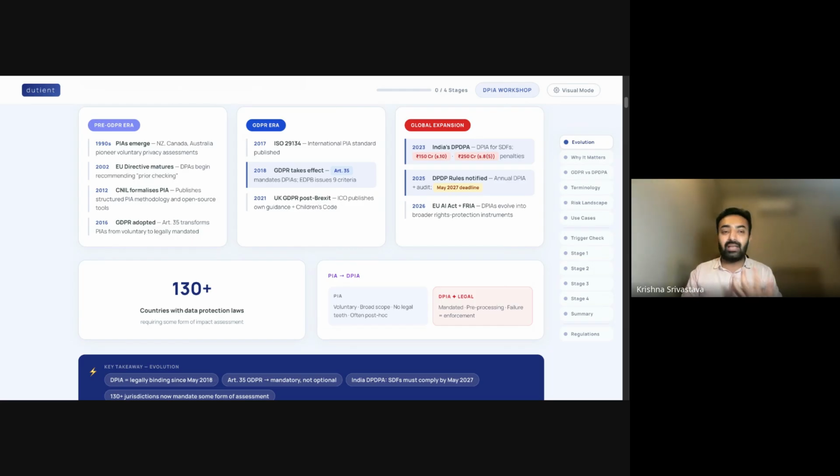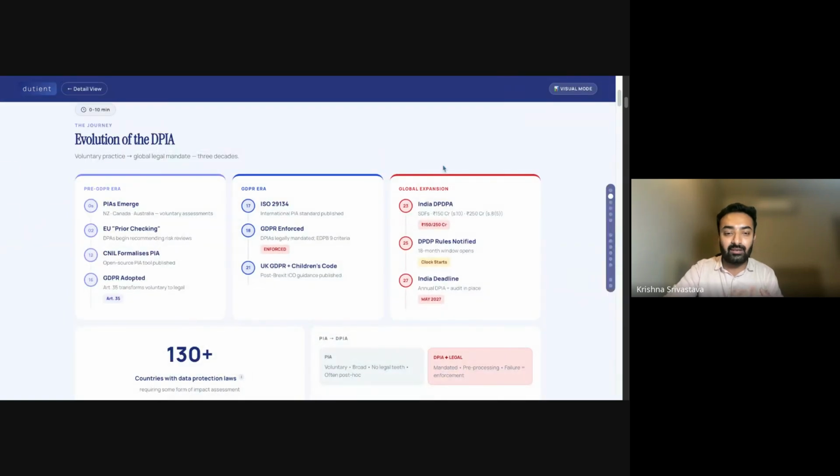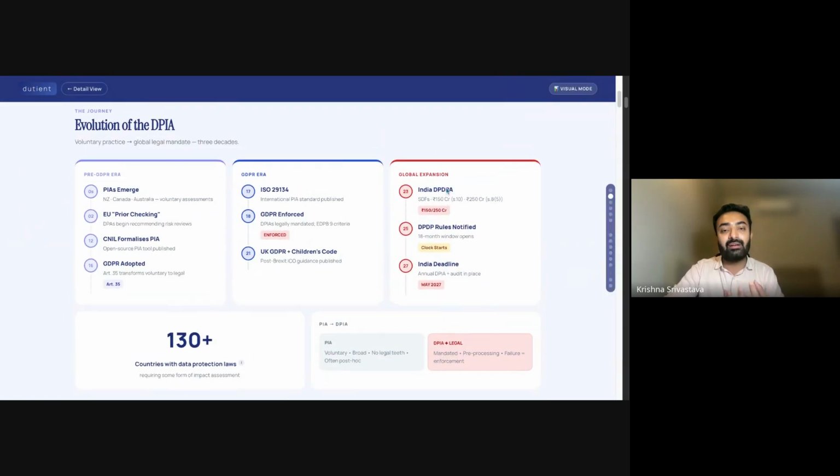So we noticed that PIAs emerged in New Zealand, Canada, and I'll just change this to visual mode so that we can have some more visual elements and make it more concise so that I can do the talking and you can relate to the story that I'm trying to build with the entire workshop. Now, when you look at the evolution of the DPIA, you would notice that in the pre-GDPR era PIAs emerged, then the EU introduced prior checking, then the CNIL or the French Supervisory Authority formalized PIA.